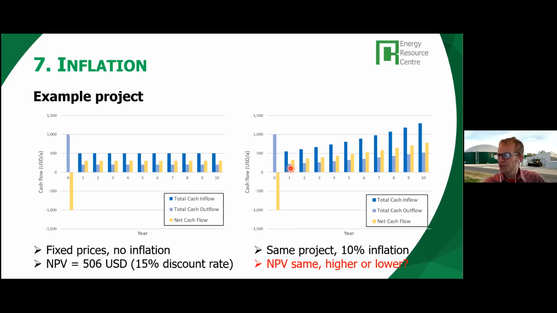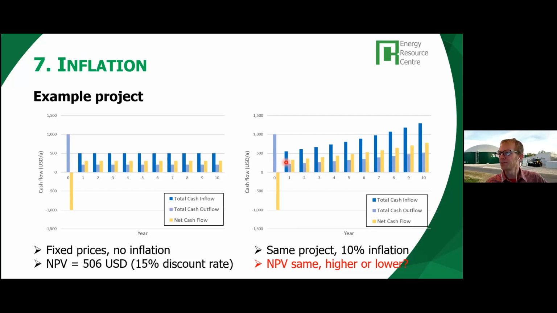Now what happens if the net cash flows increase from year to year? That just means that every year your net cash flow increases, and of course they need to be discounted. But even the discounted value of a larger net cash flow will result in a higher discounted cash flow.